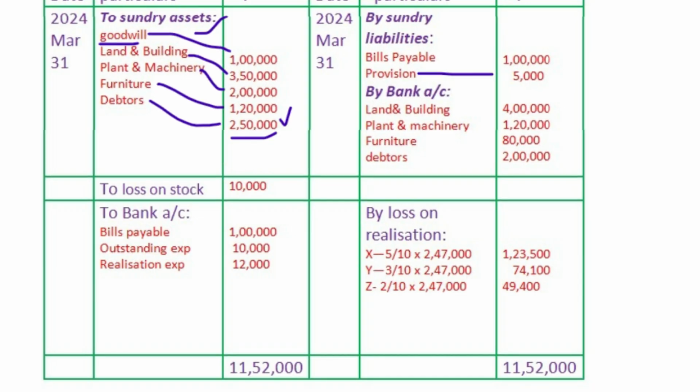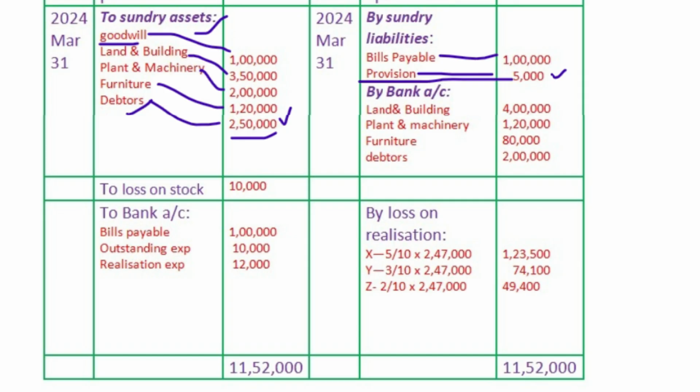On the asset side you transfer the gross figure, and the provision for doubtful debts is to be transferred on the credit side, this 5,000, and all these liabilities, 1 lakh. These assets and liabilities we transfer first.